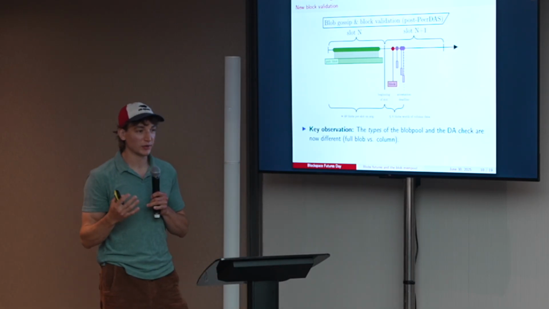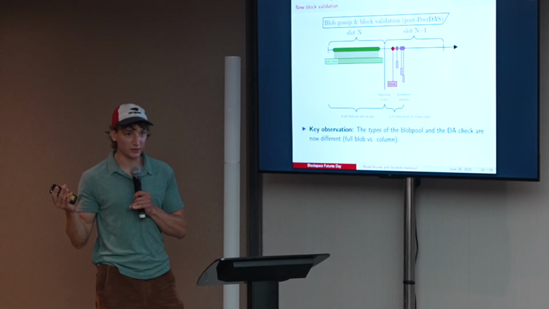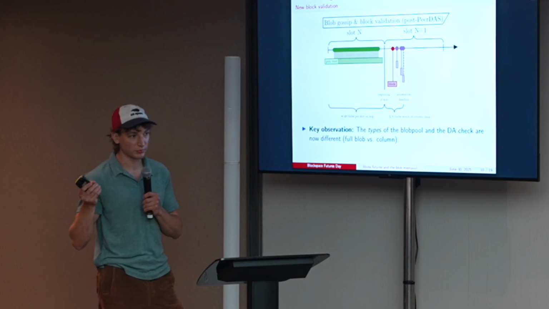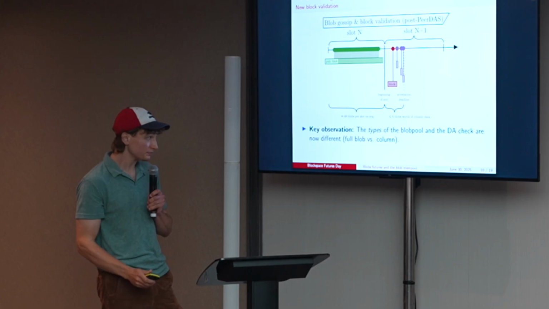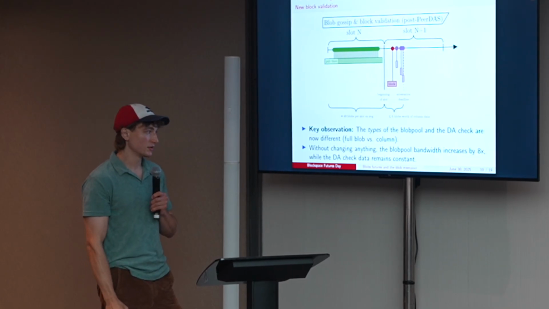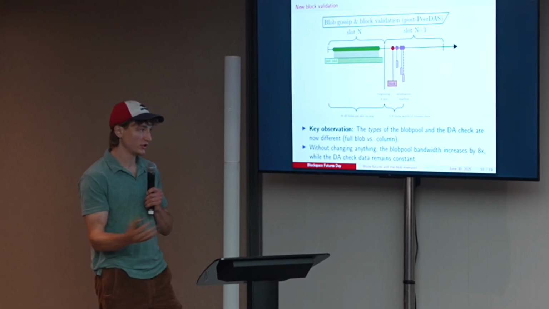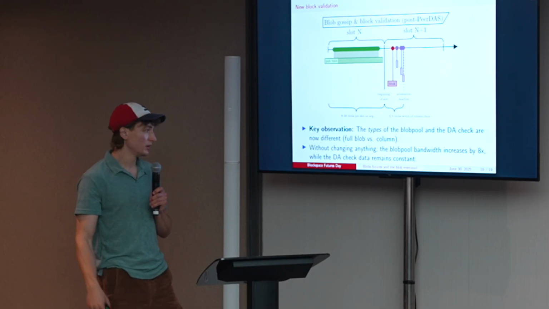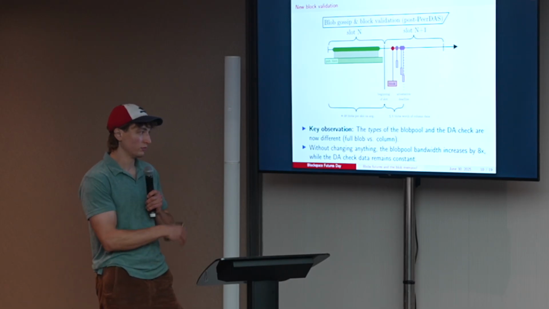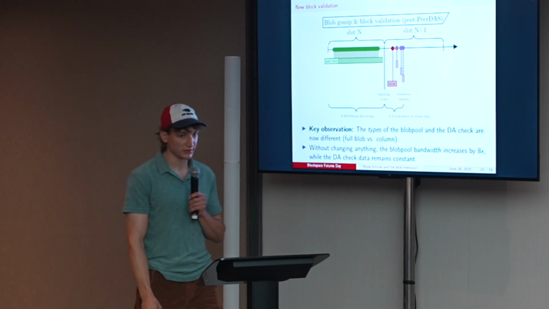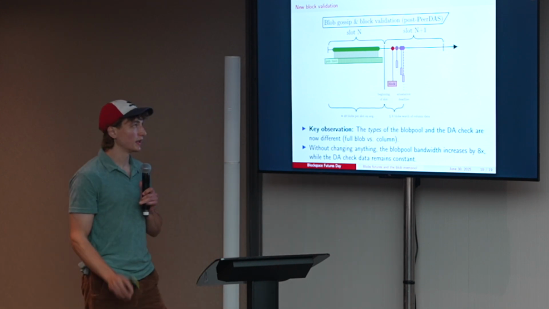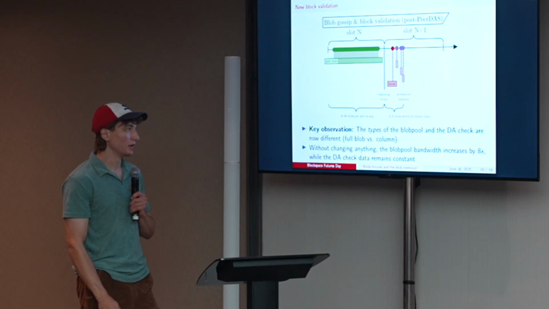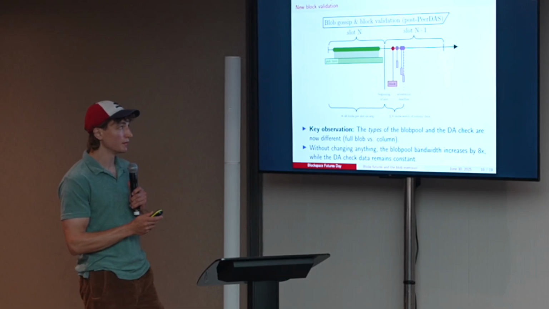And so we're kind of throwing the baby out with the bathwater a little bit, because we're saying, oh, we're scaling, but to stay connected to the mempool, you still have to download all the blobs. So that's this fundamental tension. And so the key takeaway is that without changing anything, the blob bandwidth increases by 8x if you 8x the number of blobs, while the DA check remains constant. So this is where we stand, and that's something that I think is worth evaluating.